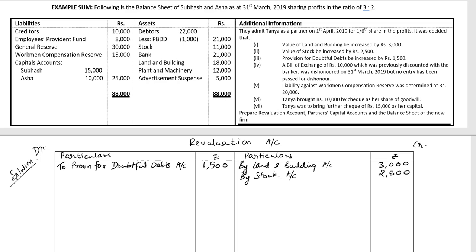The fourth point says a bill of exchange of rupees 10,000, which was previously discounted with the banker, was dishonored on 31st March 2019, but no entry has been passed for the dishonor.